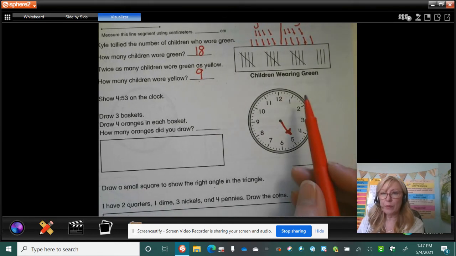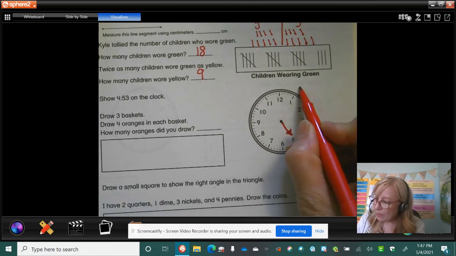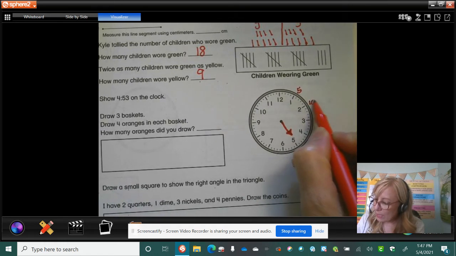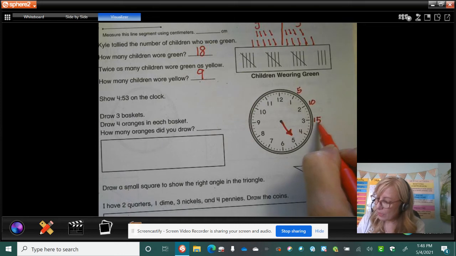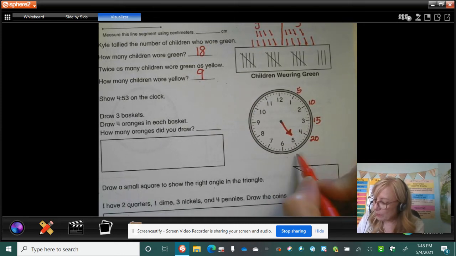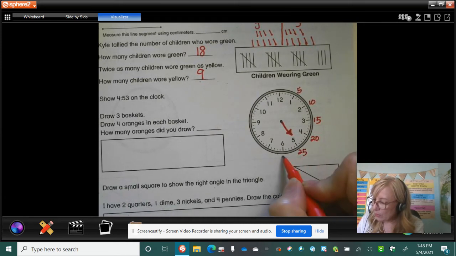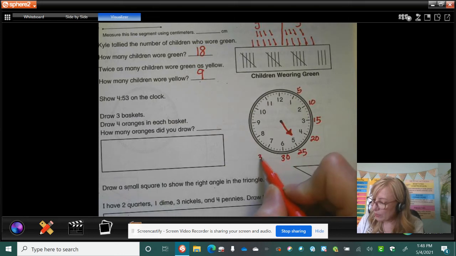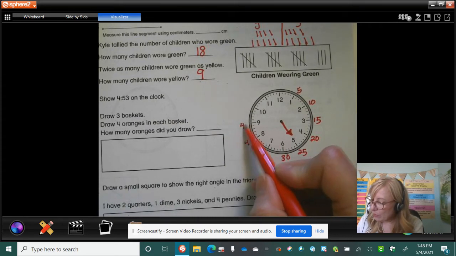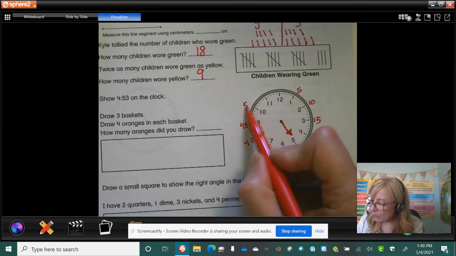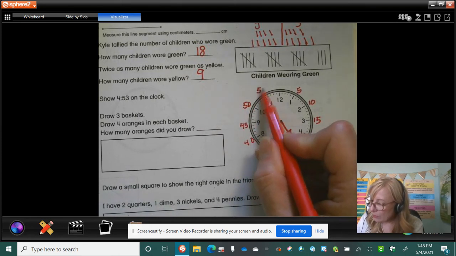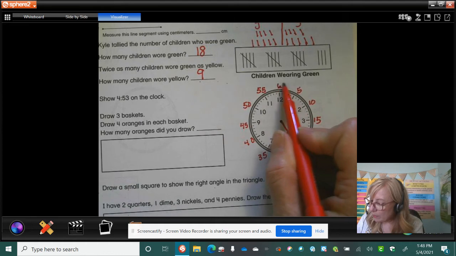So let's count around our clock. 5, 10, 15, 20, 25, 30, 35, 40, 45, 50, 55, 60.